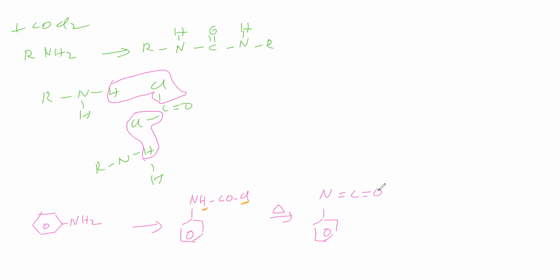Next we will go for halogenation of aromatic primary amines. So halogenation gives what product? That we will see. Now we will take aniline. Aniline is treated with bromine water.